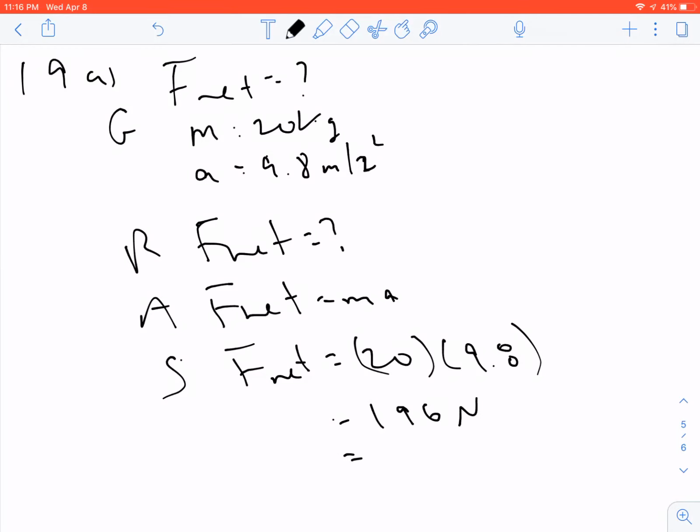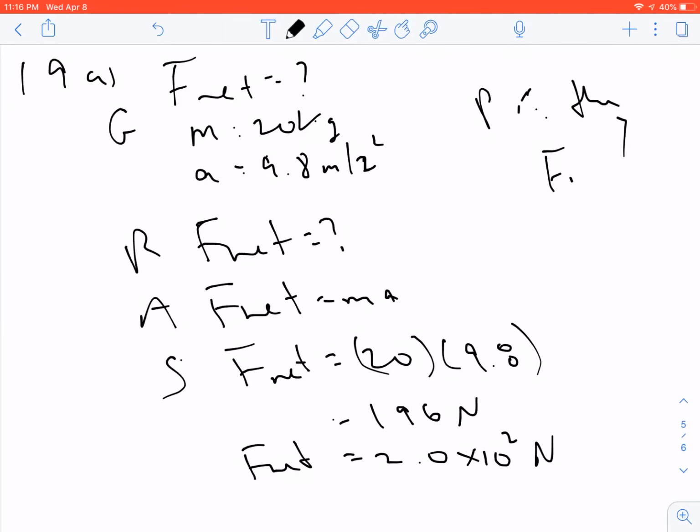Two significant digits makes it 2.0 times 10 to the power of 2 newtons. Right? And then my phrase, therefore, the net force is 2.0 times 10 to the 2 newtons. All right, so there's the question 19a.